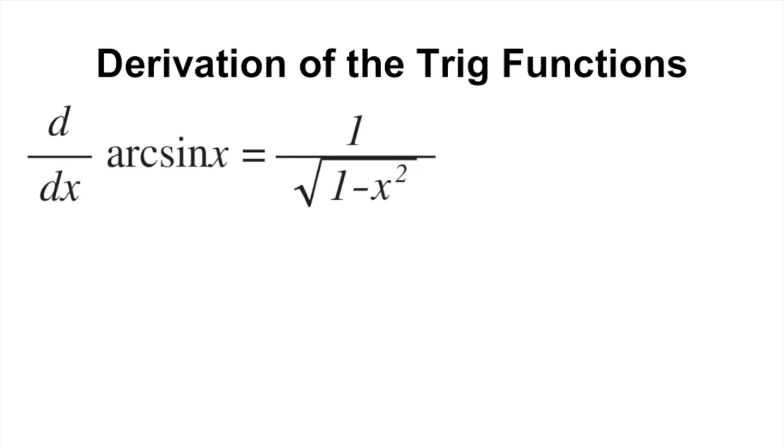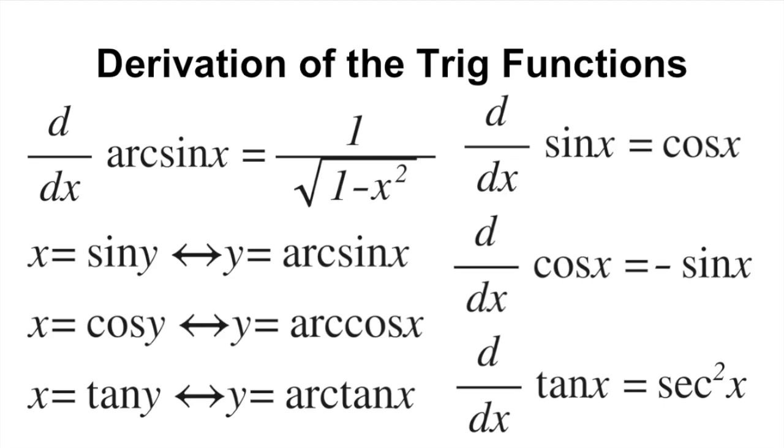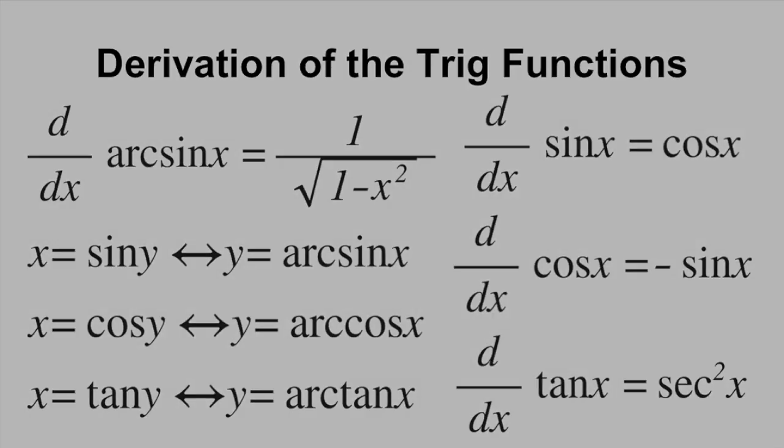Thank you, Tomi. Now that you have seen how to find the derivative of arcsine of x, finding the other derivatives will be fairly easy as they are derived similarly. Now take a second to derive the functions by using these equations, and we will switch back to Tomi when you are ready.